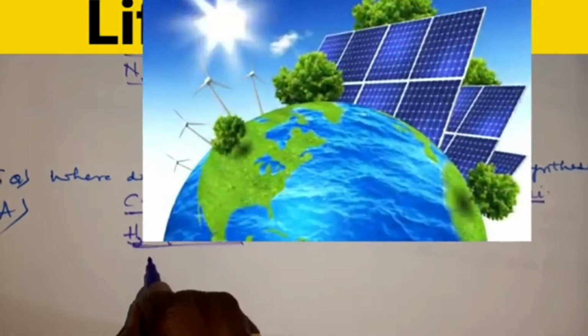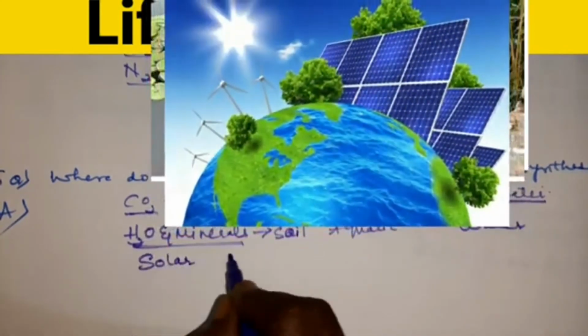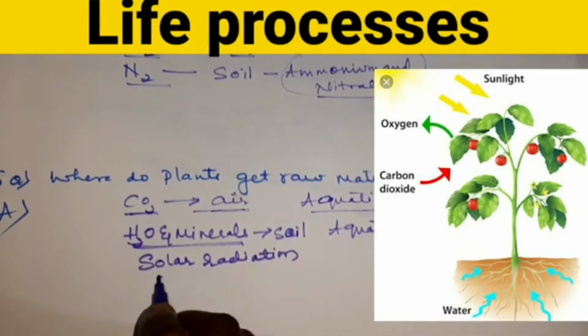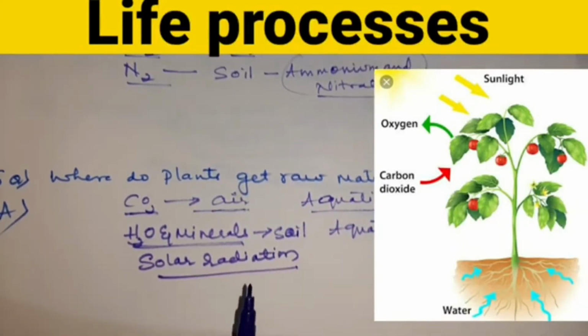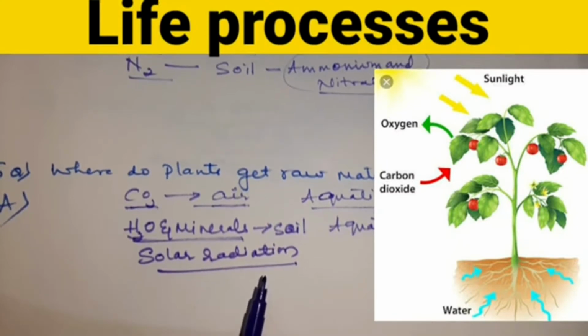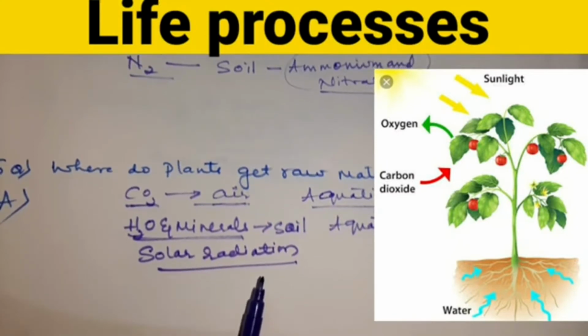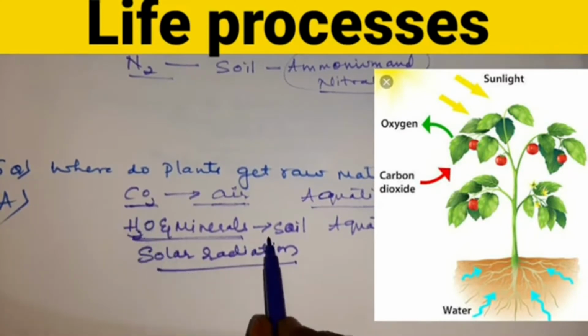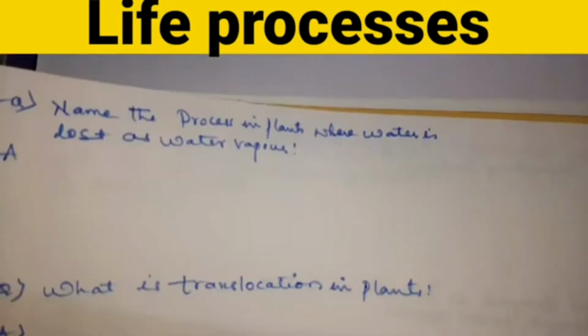Whether they are aquatic or terrestrial, solar radiation or solar energy is required for the plants to prepare their own food. Carbon dioxide from air, water and minerals from soil, and solar radiation.